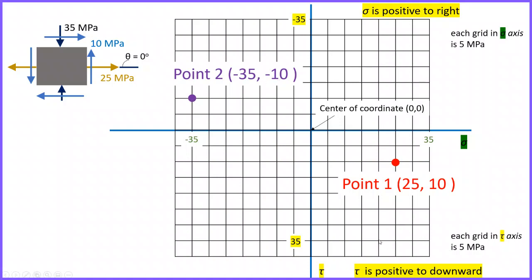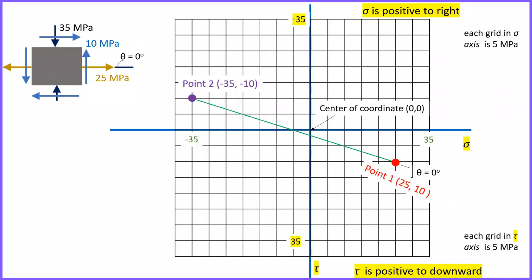So once we draw these 2 points, the next step is to draw a line and connect these 2 points. When you connect these 2 points, it intersects the sigma axis at a certain point, and this line is representative of theta equal to 0 degrees.